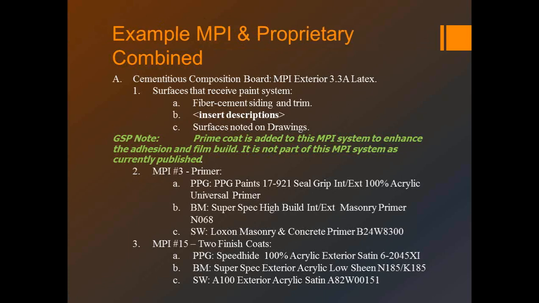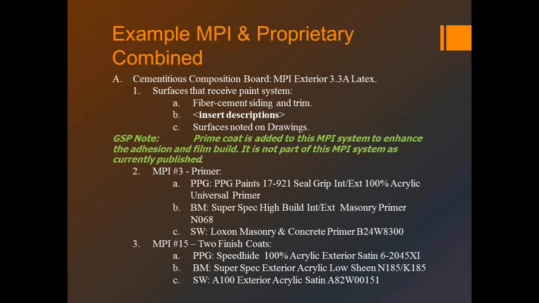Yeah, that's one of the things with MPI: it has pre-selected systems for you. And as I've said numerous times in our conversations, it depends on what you want to achieve. A lot of times some of their systems will give you a 2 finish coat option versus putting a prime coat in there. The other thing about MPI, it doesn't allow you to write 4-coat systems.